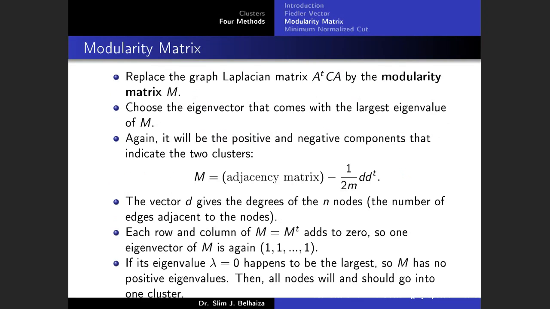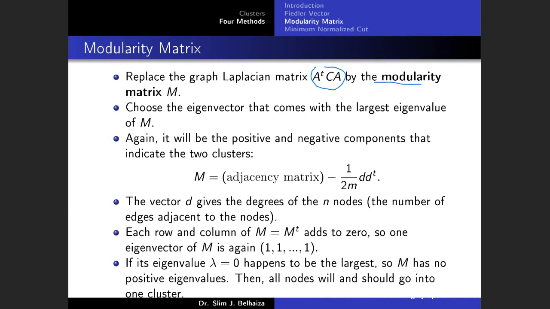Now the next part is to talk about the modularity matrix, where the Laplacian A^T C A is replaced by the modularity matrix M. And here we have to choose the eigenvector that comes with the largest eigenvalue. Again, it is the positive and negative components that indicate the 2 clusters.